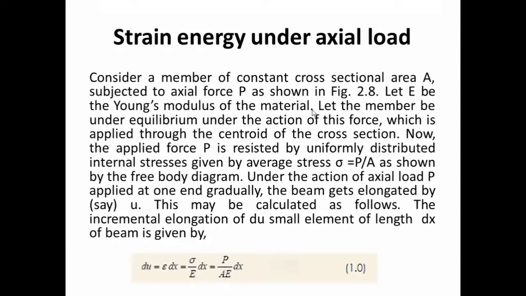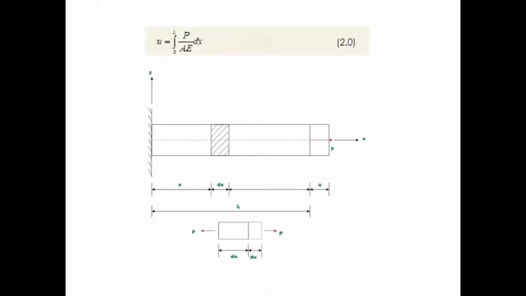I have not shown any free body diagram here. Let me see if it is here in the next slide. Yes. So this is our axial member. I have shown it horizontally, and the cross-sectional area is the same throughout the length. I have considered one particular element of length dx, if you see here.